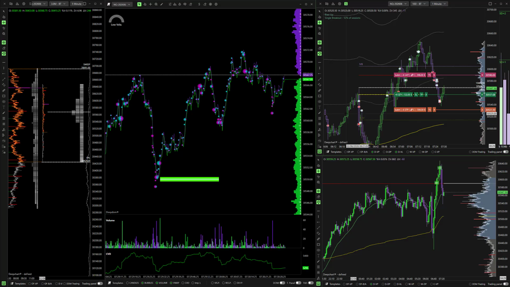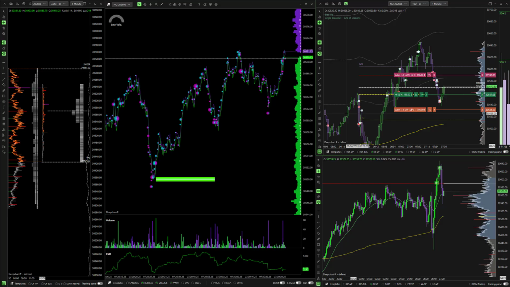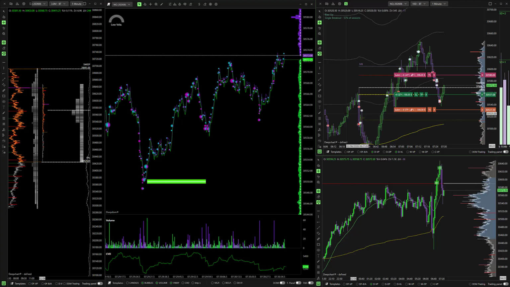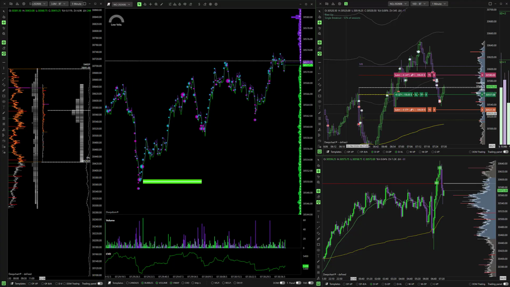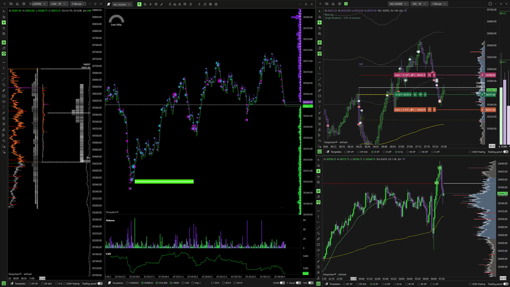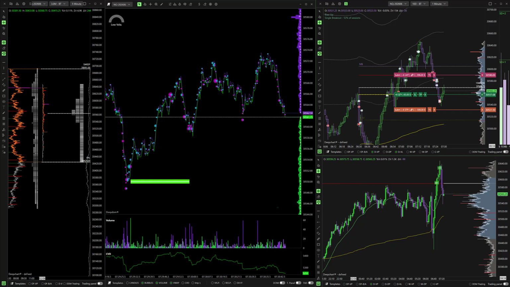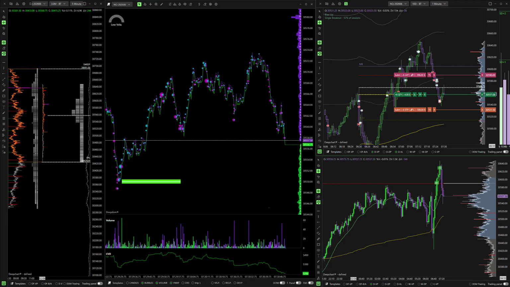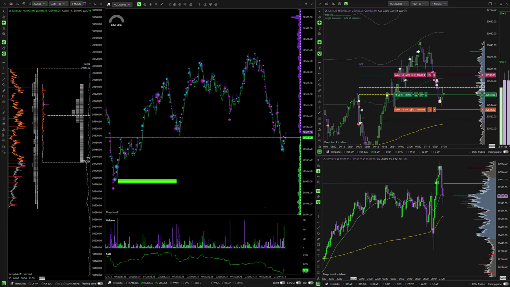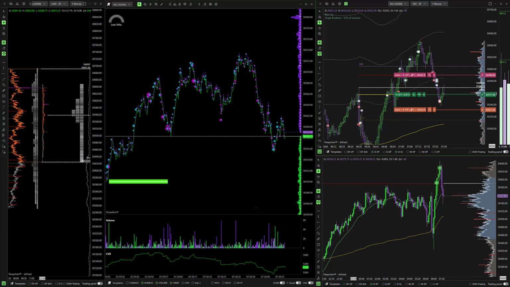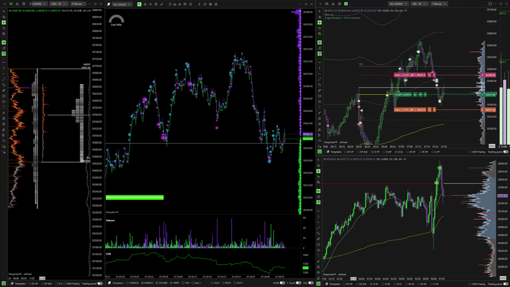So here we're fighting to close above the 15-minute range break area. We can't. And I placed my stop just below the previous swing. Once we cross the 15-minute range break area, I will take a few contracts out, 2 contracts out.